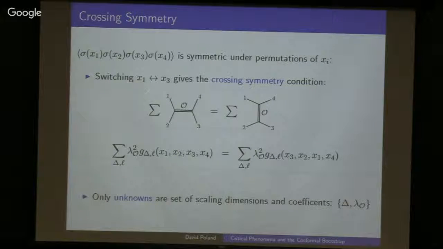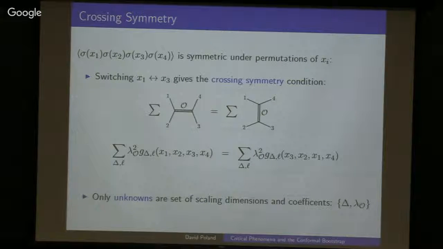So if I require that an expansion is equal to itself under exchanging 1 with 3, I get a non-trivial consistency condition. I get the statement that a sum over conformal blocks of 1, 2, 3, 4 is equal to a sum over conformal blocks of 3, 2, 1, 4. And these are not the same functions. So this is a non-trivial consistency condition.